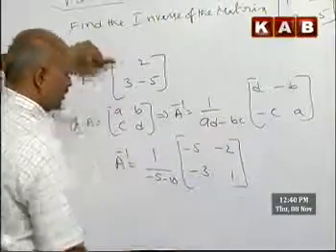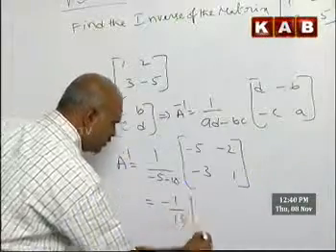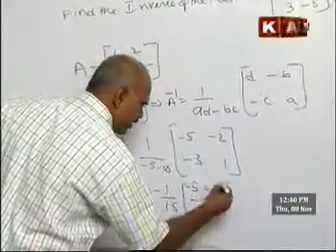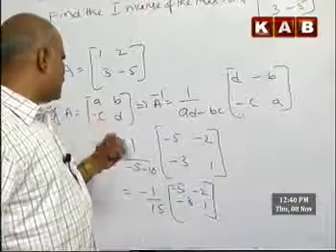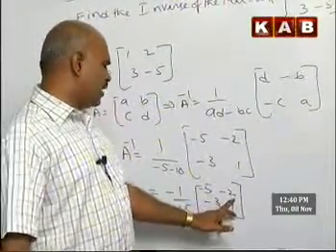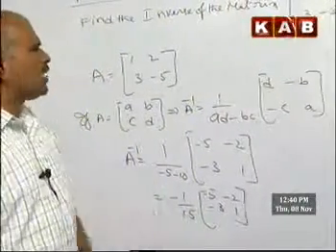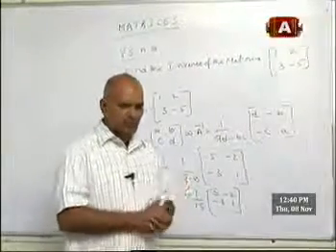So I may write like this, A inverse is minus 1 by 11 into minus 5 minus 2 minus 3 1. So like that you got the A inverse matrix. It's a 2 marks question. You remember, it's a VSAQ question.